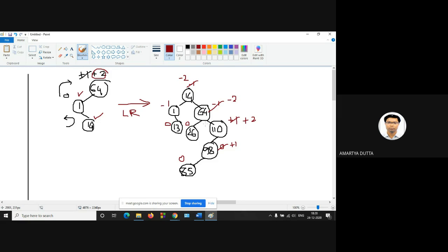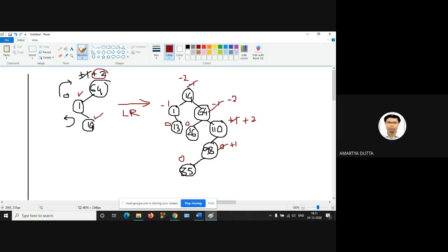Now there are 14, 64, 110, total 3 nodes where the balance factor is violated. We have to take which node? Sir, 110 maybe. Not maybe, it is 110. Why?